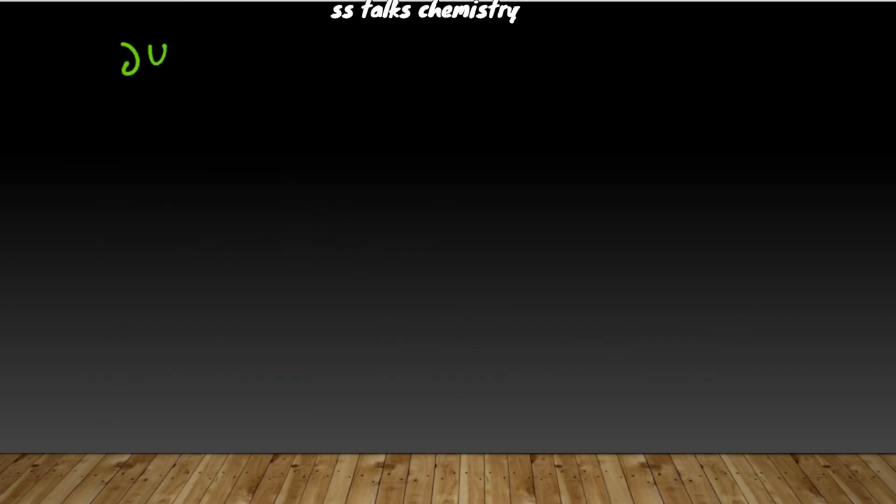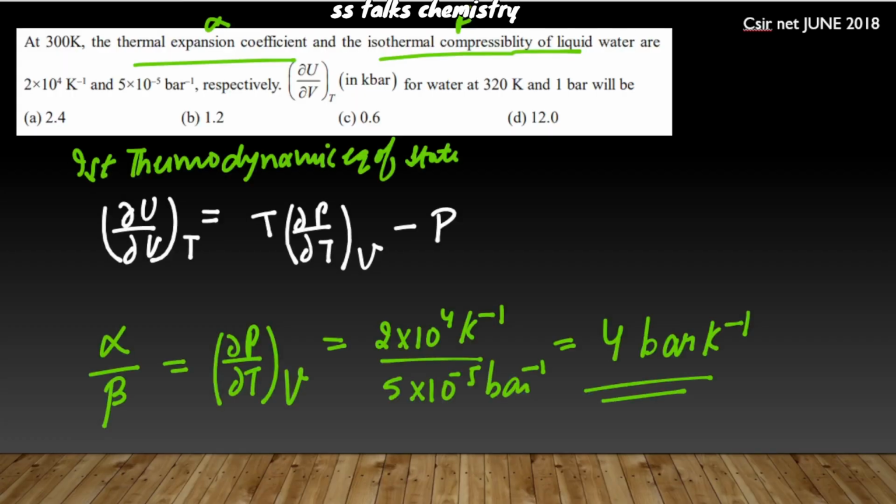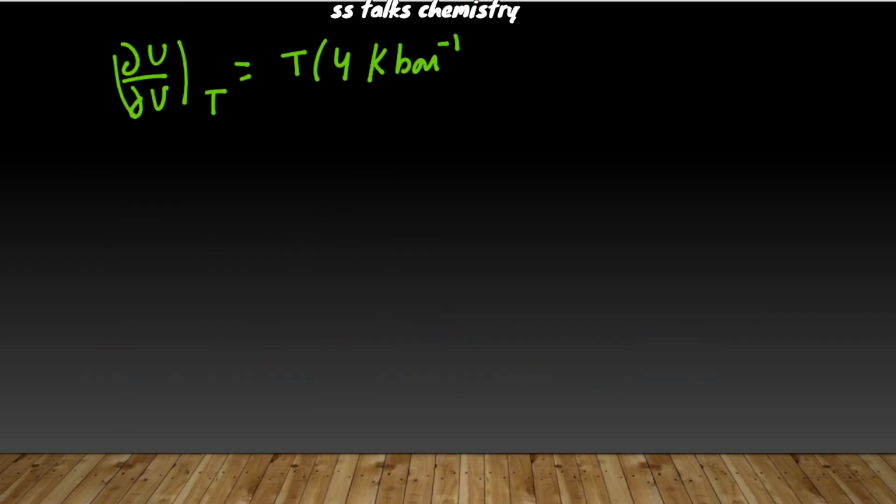So del U by del V at constant temperature is temperature into 4 bar per Kelvin, minus the pressure, that is 1 bar.